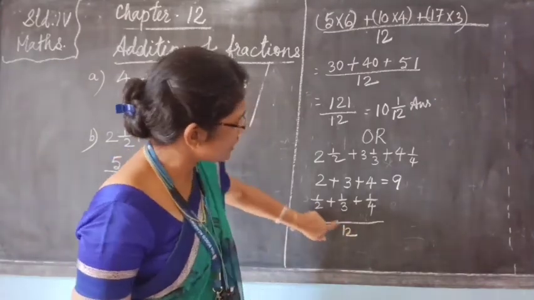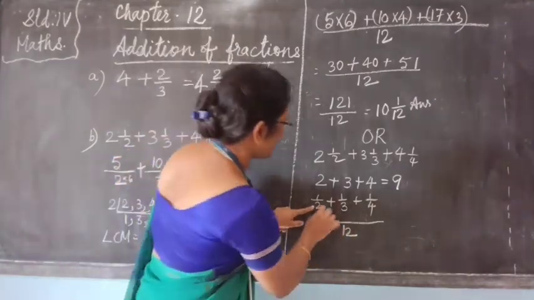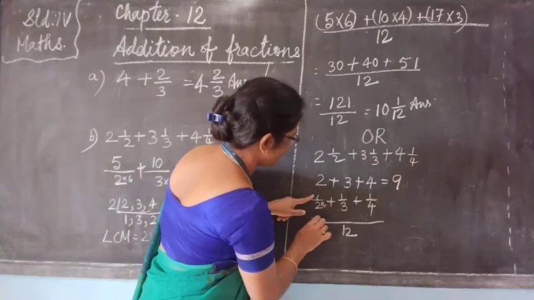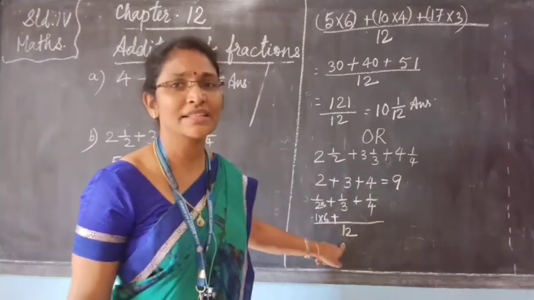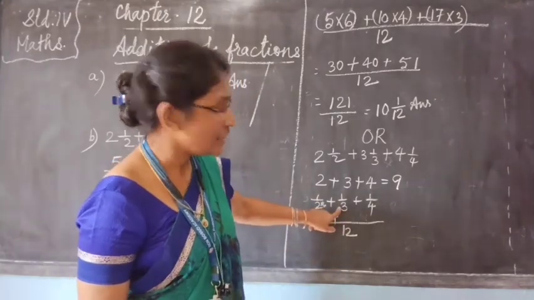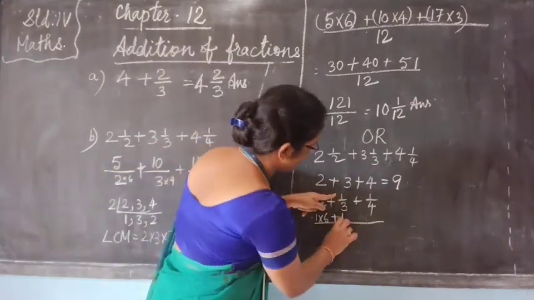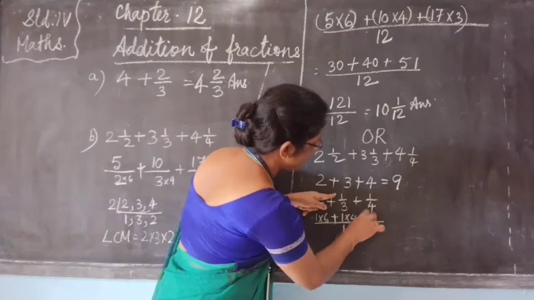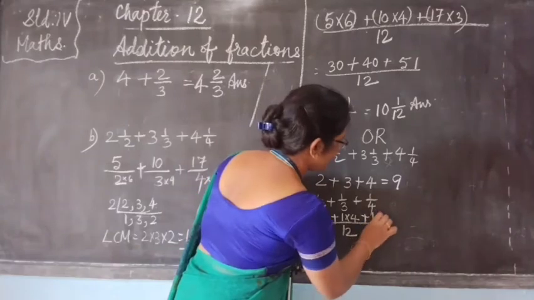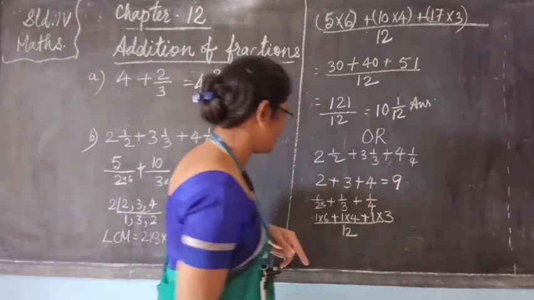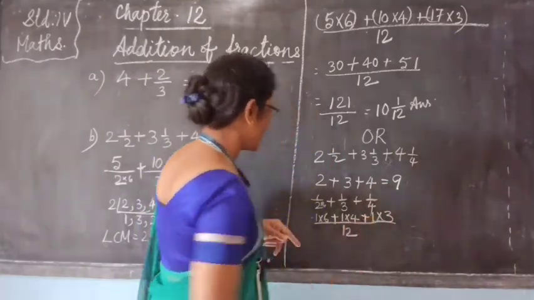Now how many 2's are 12? 2 sixes are 12. Then 1 into 6 plus how many 3's are 12? 3 into 4. We can multiply 1 with 4. Plus how many 4's are 12? 4 threes are 12. We can multiply 1 with 3. Okay.